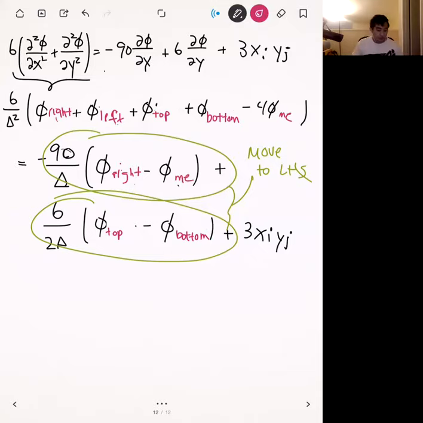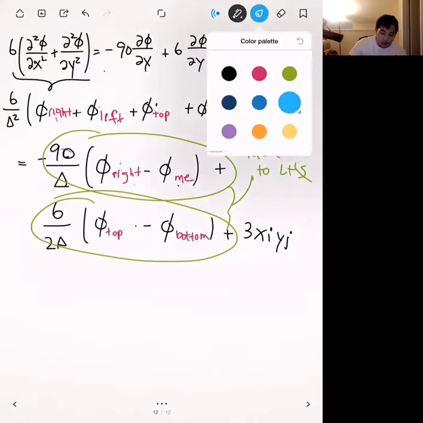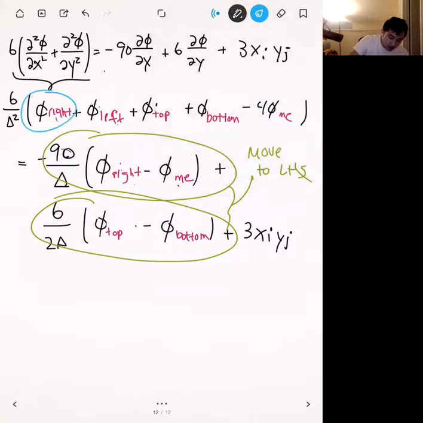Let's go ahead and combine all the common terms together into one side. First, let me do the coefficient for phi right. For phi right, what we have is this guy and this guy, so we're going to combine those coefficients: 6 over delta squared plus, sorry, 90 over delta, multiplied by phi right.